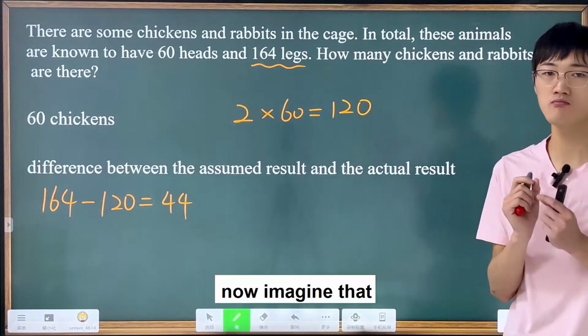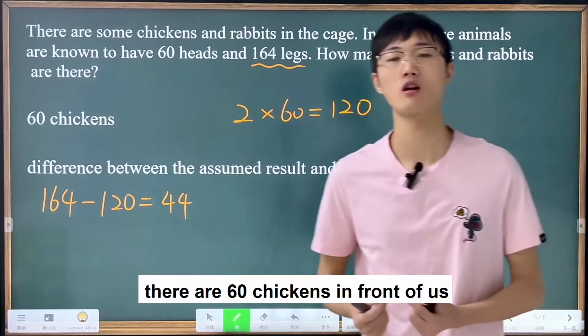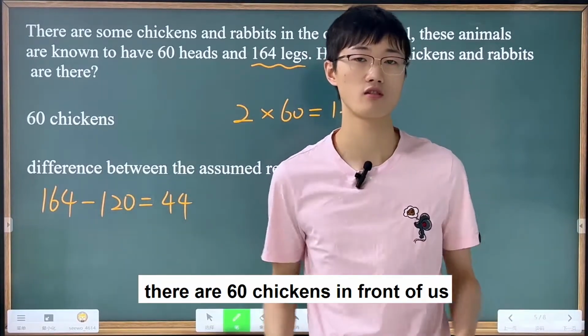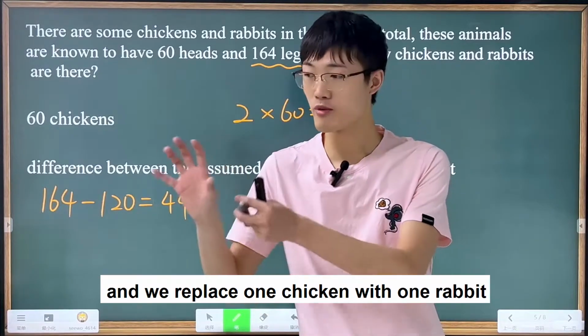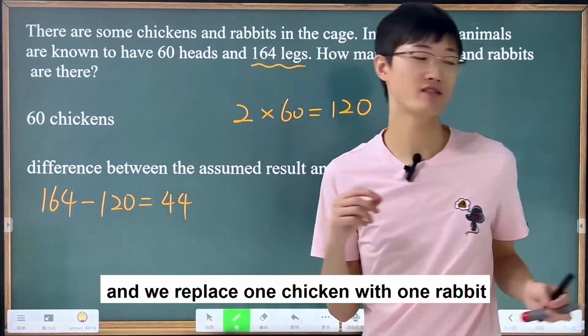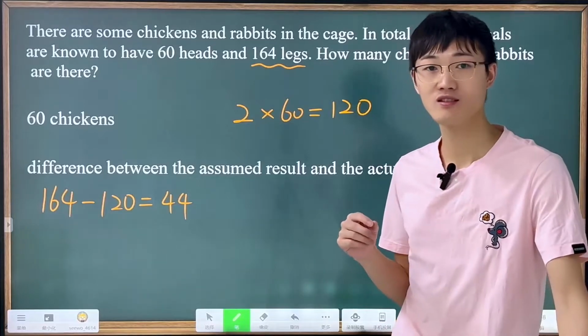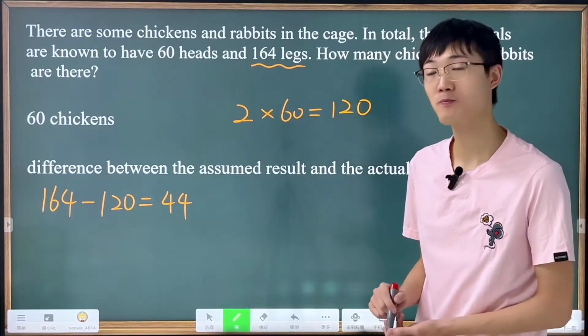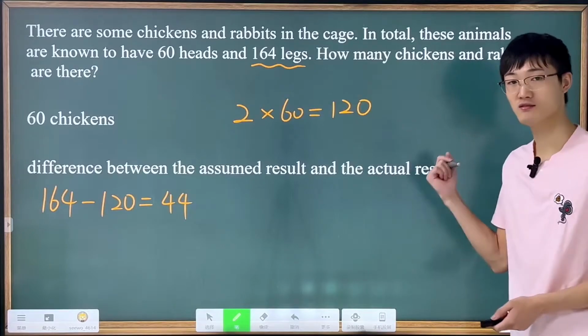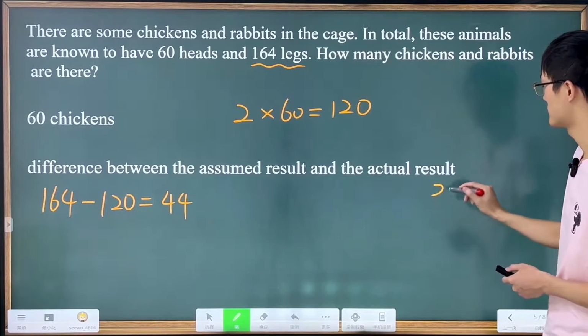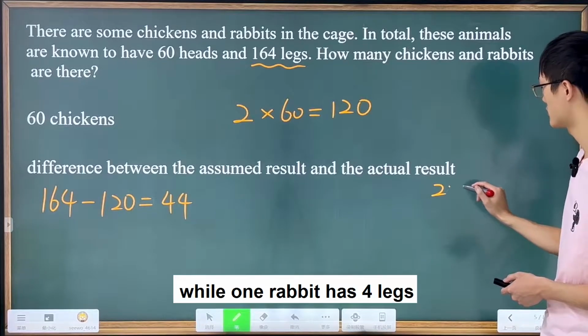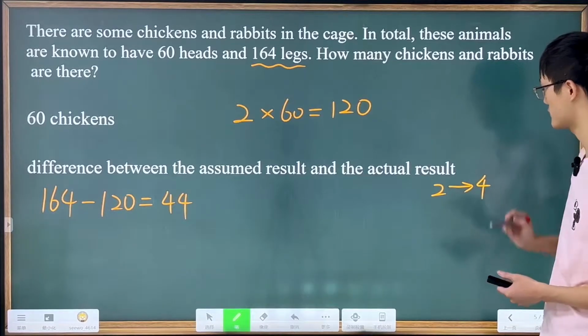Then we can imagine that there are 60 chickens in front of us. Then we replace 1 chicken with 1 rabbit. Then what will happen? Let's see. 1 chicken has 2 legs, while 1 rabbit has 4 legs.